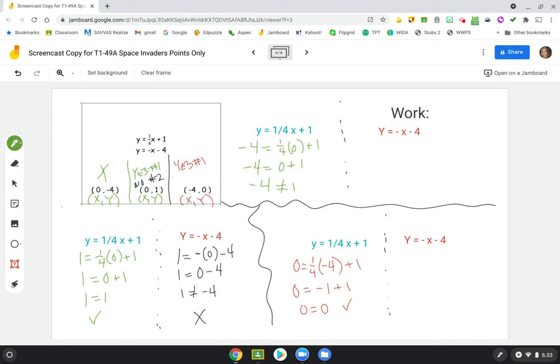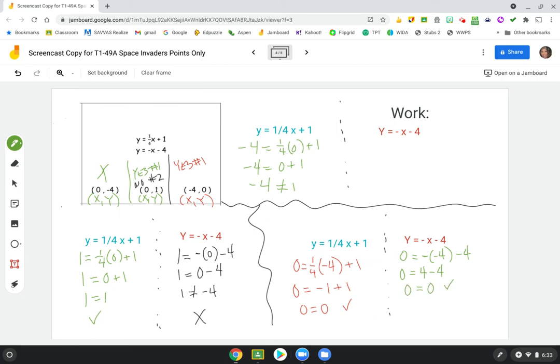So y is negative 4. And the opposite, nope. I plugged in my x for my y. All right, y is actually 0, and I have the opposite of x, the opposite of negative 4. So the opposite of negative 4 is positive 4, and 4 minus 4 is actually 0.